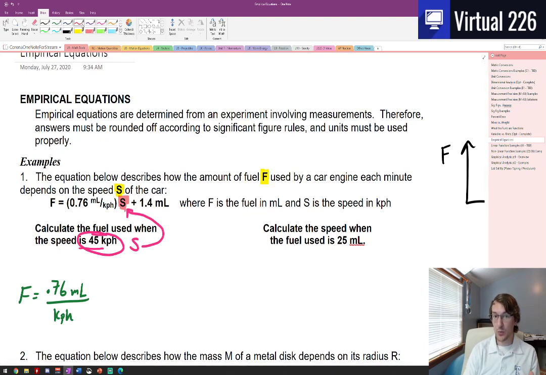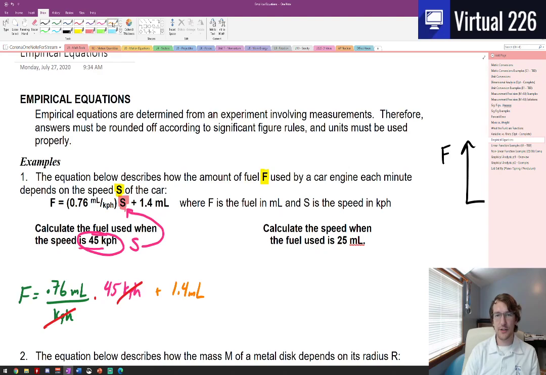And the reason why we write them over one another is now when I multiply it by the speed, which was 45 kilometers per hour, 45 kph, I can easily see now that this kilometers per hour in the numerator and the denominator are going to divide out. And then you need to add the 1.4 milliliters here.